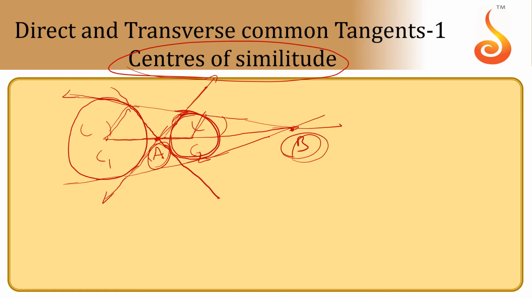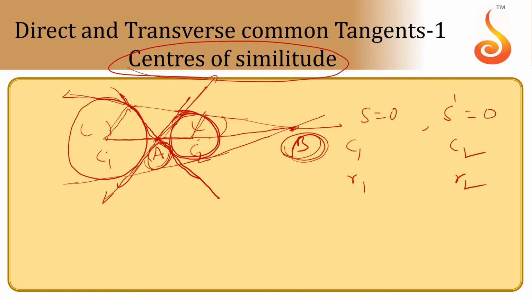Now if I give you two circles, S equal to 0 and S dash equal to 0, you can find their centers and their radii. Then using the internal section formula, you can find the internal center of similitude. Using the external section formula, the external center of similitude. After getting A, for any circle, either this circle or this circle, if you observe, the transverse common tangents are nothing but the pair of tangents.